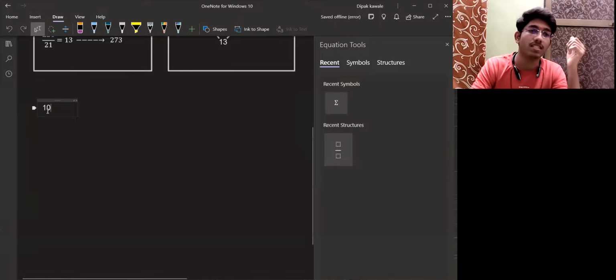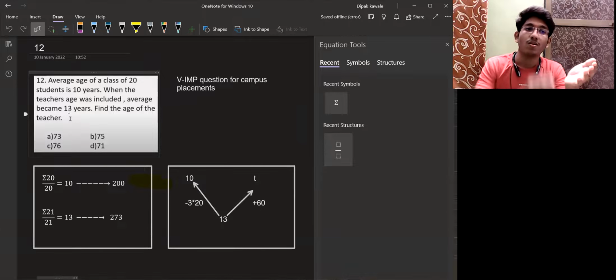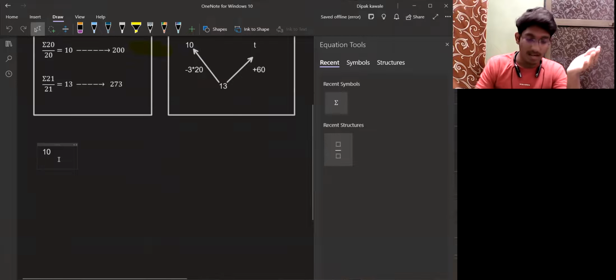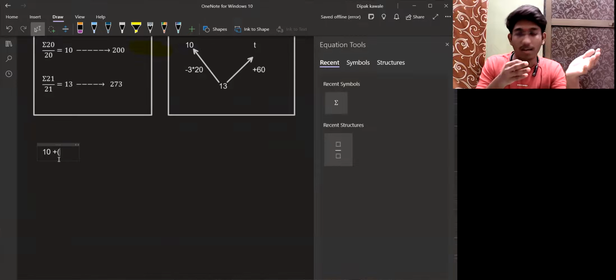But as it is given, the average is becoming 13 years. That means 3 years more than the initial average. So it is saying that it is increasing by 3 for each person.